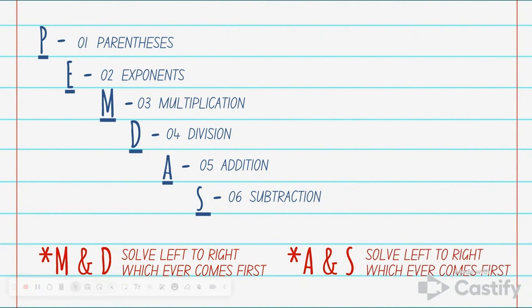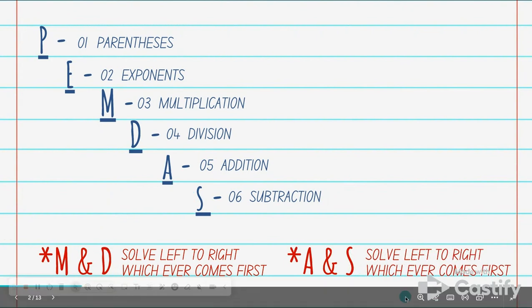They're actually interchangeable, and we can solve them left to right. Whichever one comes first, that's the one that we solve. You guys need to remember that they are just a little bit special, which means we're going to highlight them in red to help us remember that.